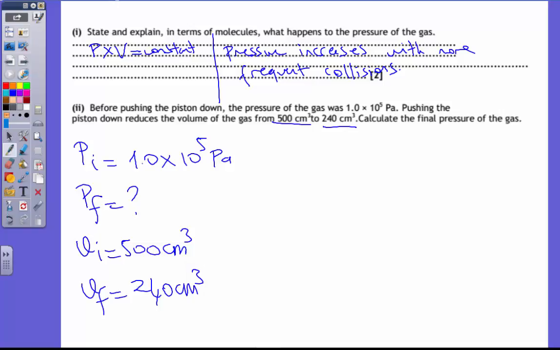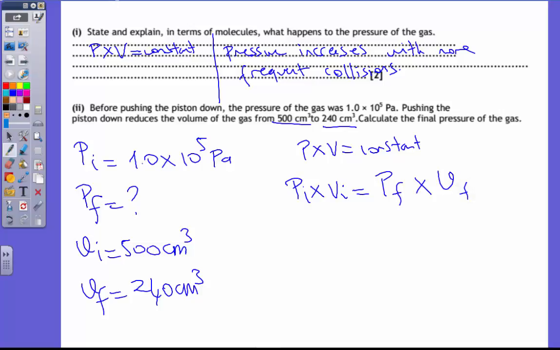So as we already discussed in the first question, P times V is constant. So the initial pressure times the initial volume is equal to the final pressure times the final volume.